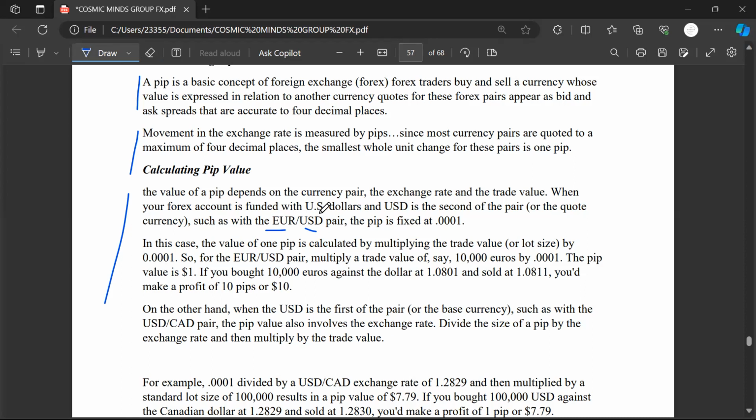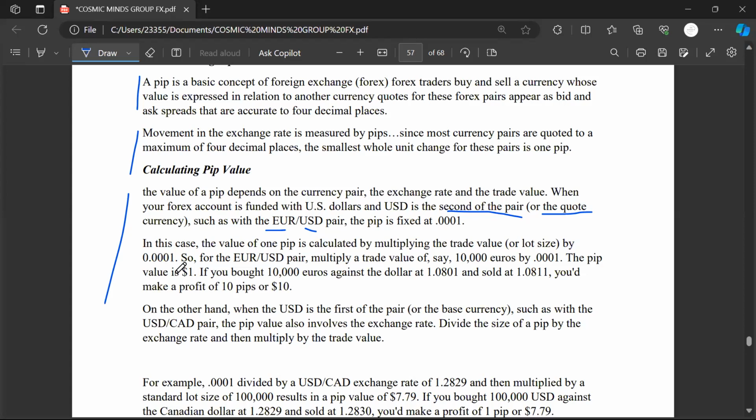Don't forget them, because whatever calculation you are going to do depends on these criteria. Without them, you may use one pip value calculation for another and get it wrong.